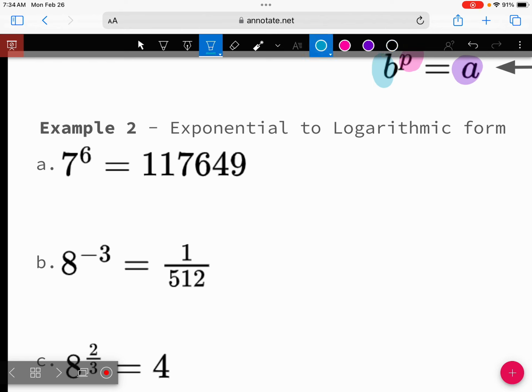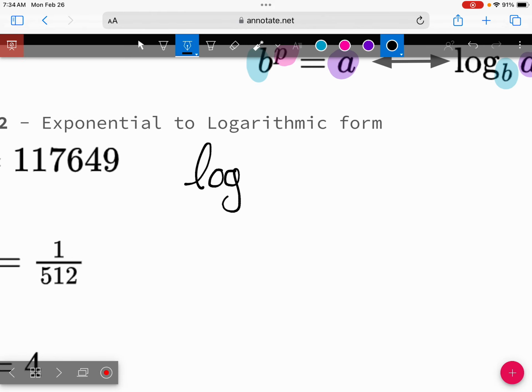So on this first one, we have our base of 7. So this is going to become a log. And again, I always loop that L. That's just a me thing because otherwise it starts to look like 10G. And we're going to do log base 7. So I'm going to put a little 7 down here under the log.